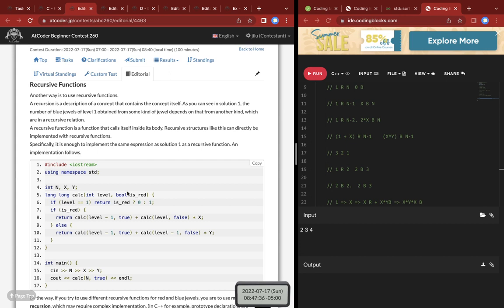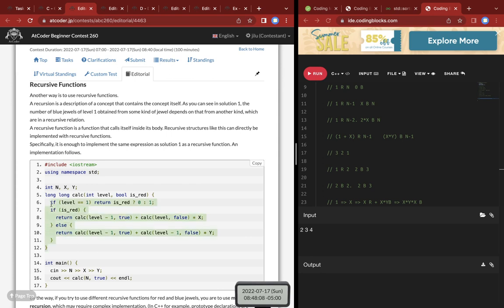Calculate with level and is red. If level equals 1, return is red. If the ball is red, then return 0, and 1 if it is blue. If it is red, then calculate for level minus 1 and 2.